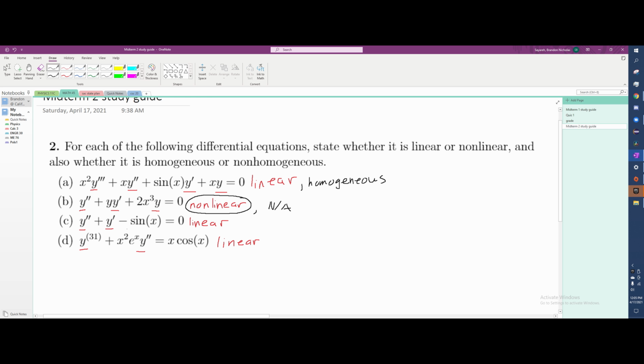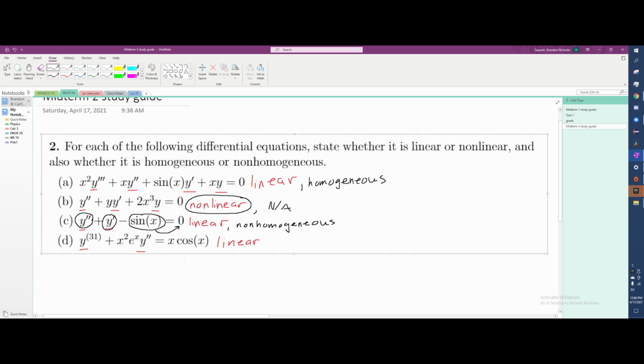For C, this y stays on the left side, this y stays on the left side. However, this sine of x does not have a y connected to it, which means it must move over to the right side, which causes the right side not to be equal to 0. That means it is non-homogeneous. For part D, this y stays on the left side. All of this connected to the y stays on the left side as well because it is connected to a y.